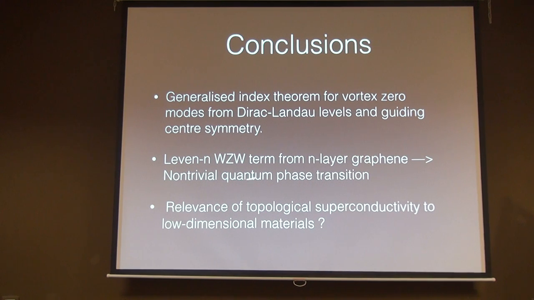But that also implies a non-trivial quantum phase transition. So in the end, whether this non-BCS mechanism for superconductivity is really relevant to real materials like cuprates is something we are looking forward to. Thank you.